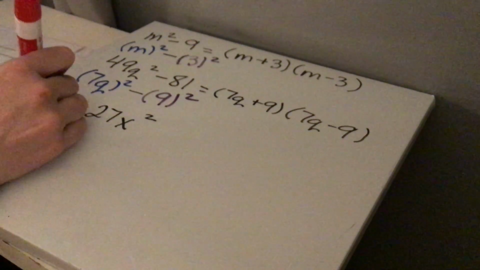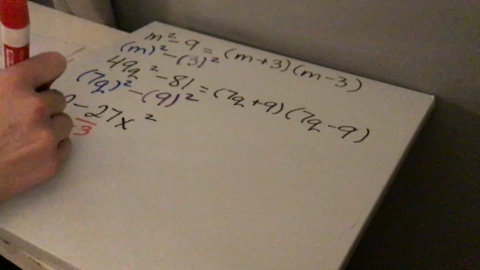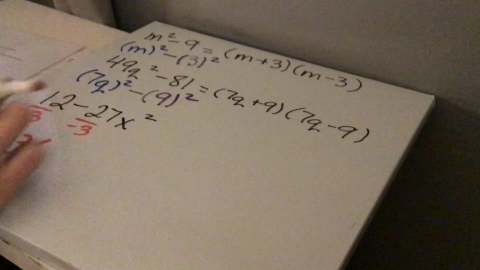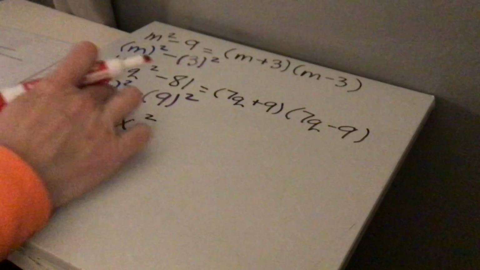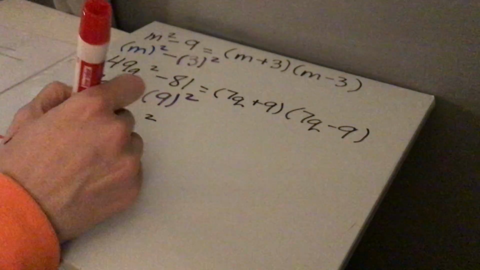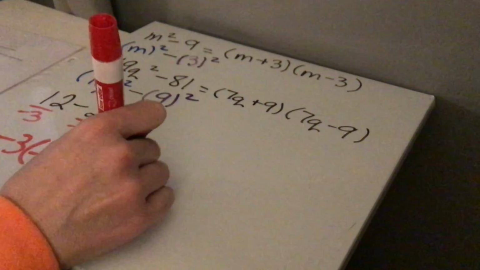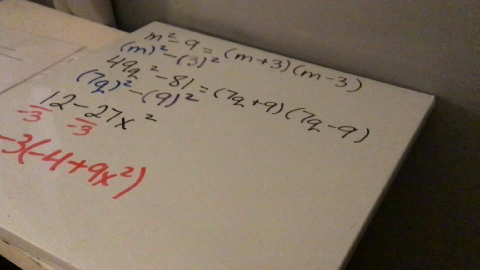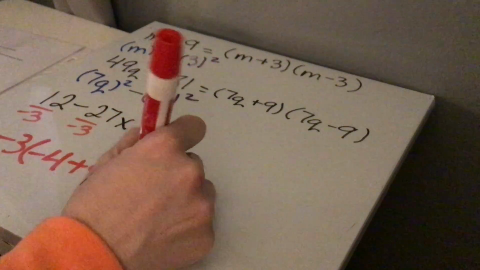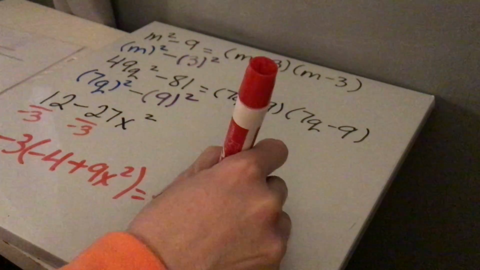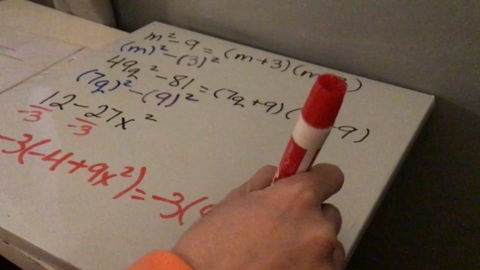So if I factor out a negative 3, that means I'm dividing by negative 3. 12 divided by negative 3 is negative 4, and negative 27x squared divided by negative 3 is positive 9x squared. Then I'm going to rearrange this so it looks like a difference. So that would be 9x squared minus 4.